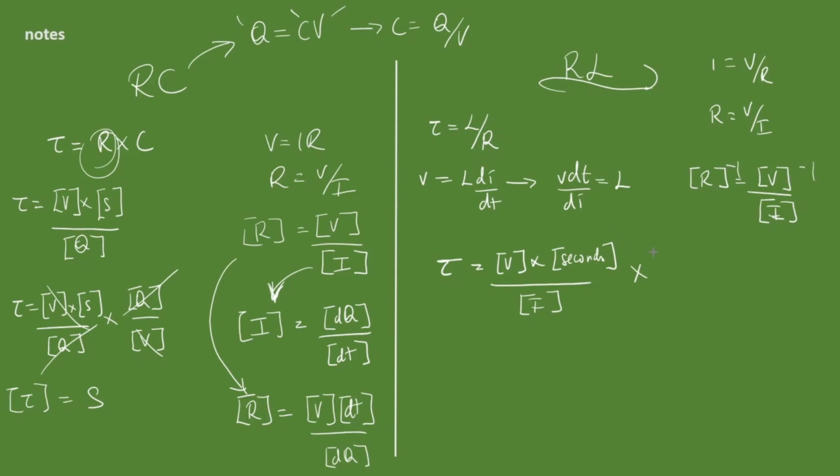I will come up, V will go down, times I over V. Very evidently this cancels out, and we end up showing that the dimension of tau, the time constant for RL circuits, is seconds.